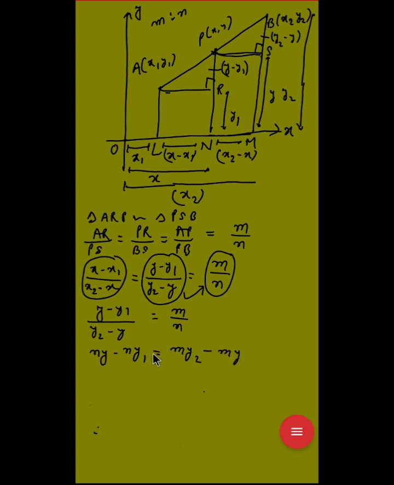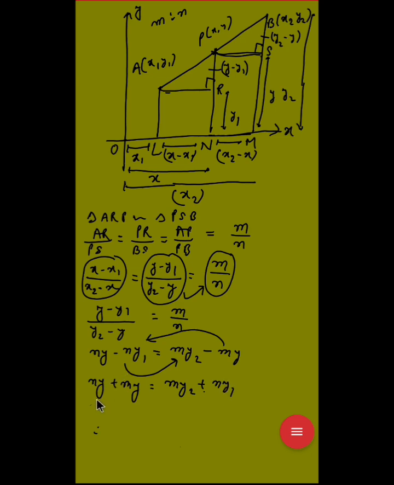Again, taking minus my to the other side and minus ny1 to the other side, this becomes ny, and minus my becomes plus my, is equal to my2, and minus ny1 becomes plus ny1.